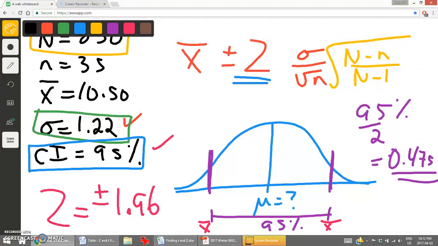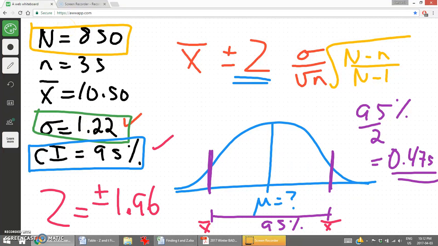Let's put this in green, using all the colors here. This part here is the standard error. Remember that whenever we have a population size, we have to apply this finite correction factor to the standard error. Usually the standard error is just that part.